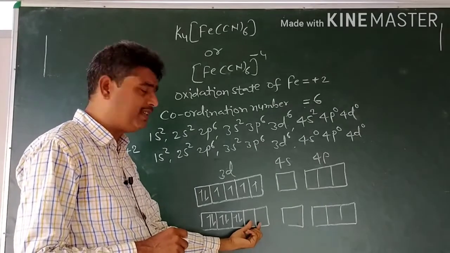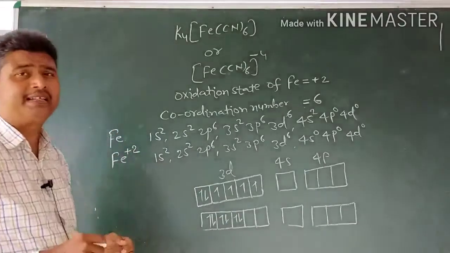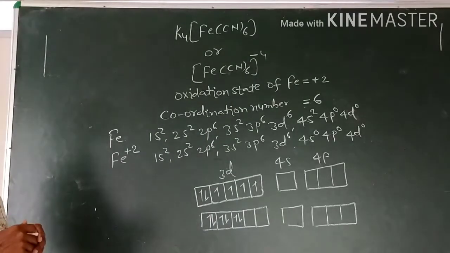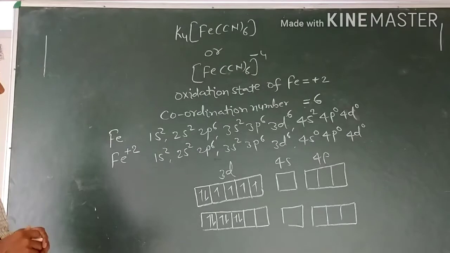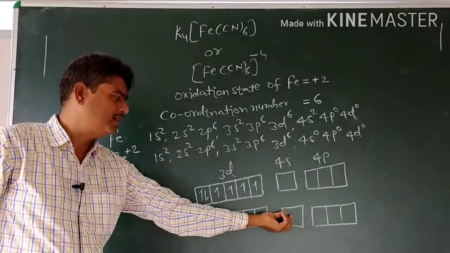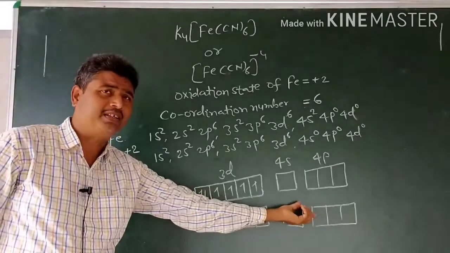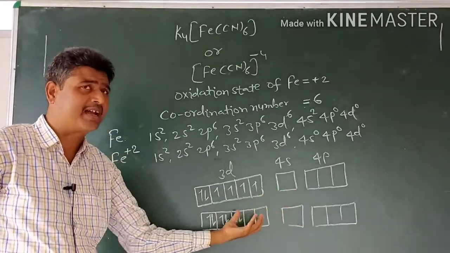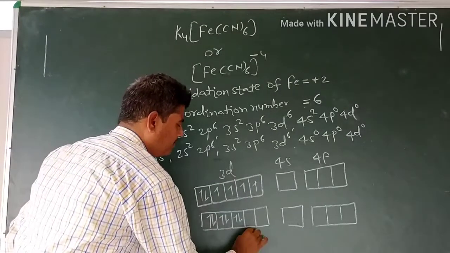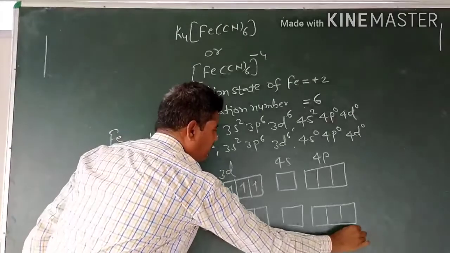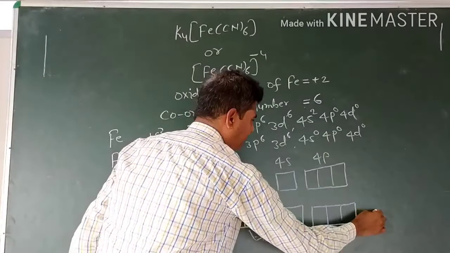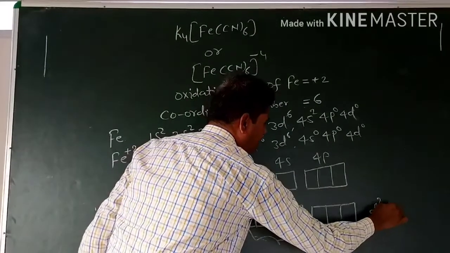Due to the availability of 2 vacant d orbitals, they will participate in the required hybridization. Thus, we will take 2 d, 1 s, and all 3 p. So our hybridization will be d2sp3.